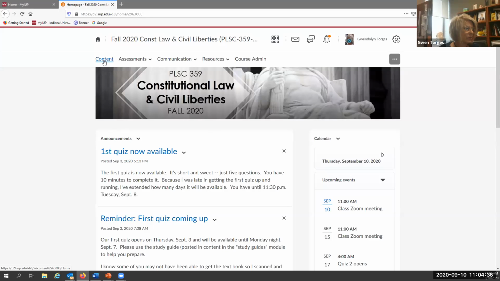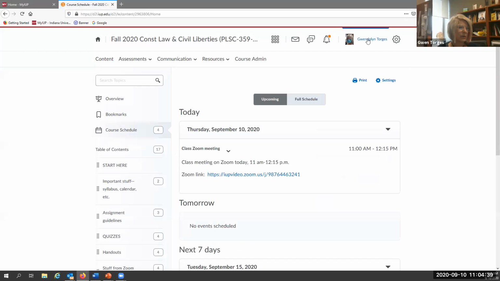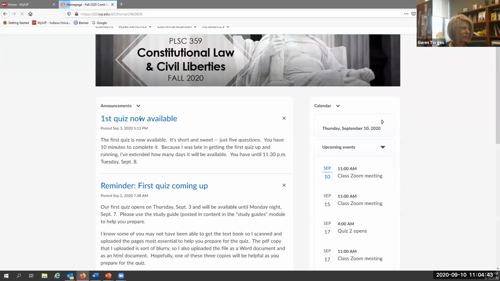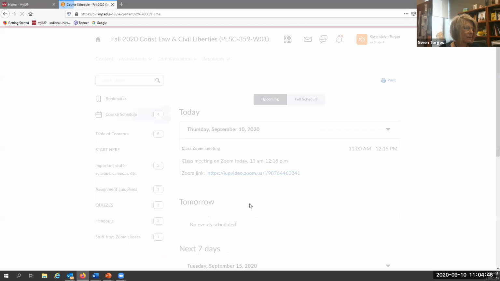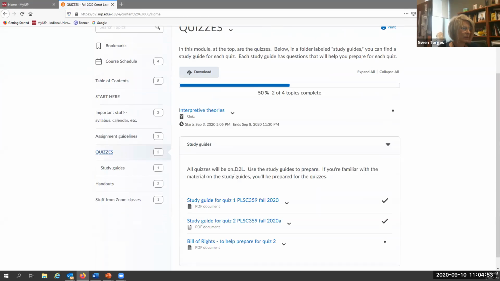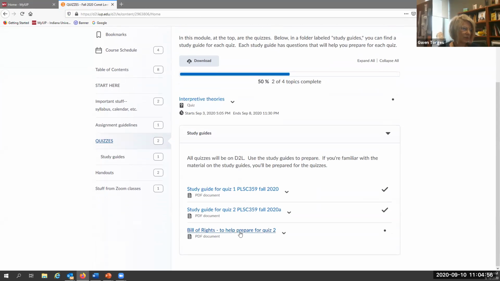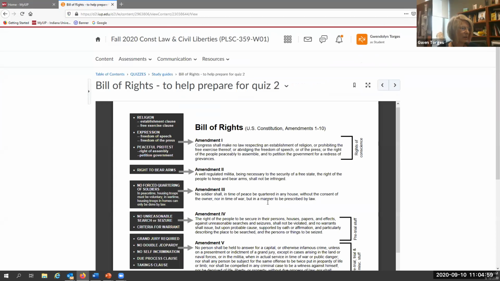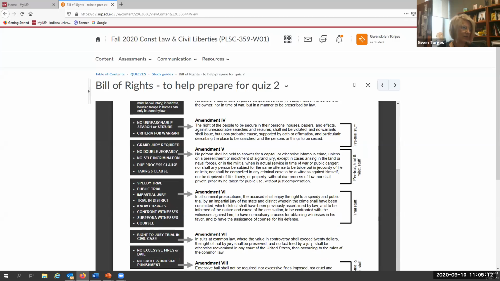If you go down to quizzes, I posted the study guide for quiz 2, but I also posted something to help you study for it. This is just another copy of the Bill of Rights, but I also included over here in the left margin each of the individual rights in the Bill of Rights. I just thought it might make it a little easier to study for the quiz. So you can use that document to help.